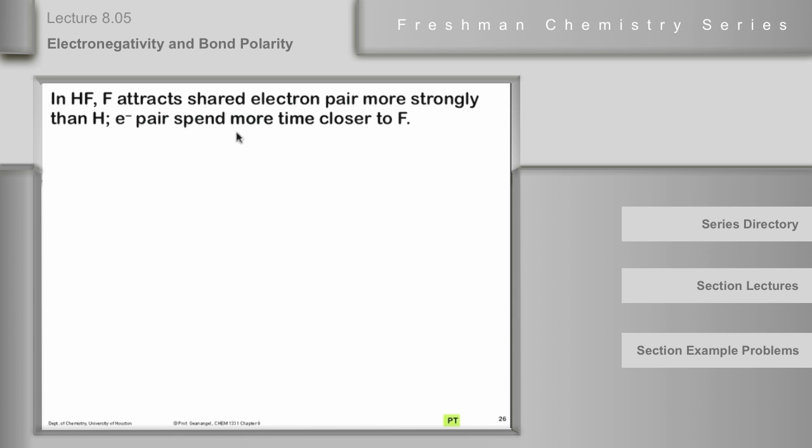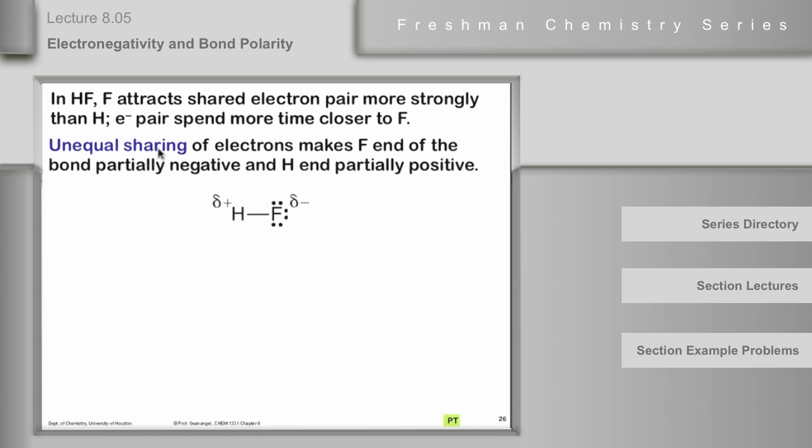And so the electron pair spends more time closer to the fluorine, and the unequal sharing of the electrons makes the fluorine end of the molecule partially negative, not a full negative charge, part of a negative charge, something between 0 and 1 charge, and the hydrogen an equal amount with a positive sign on the other side.